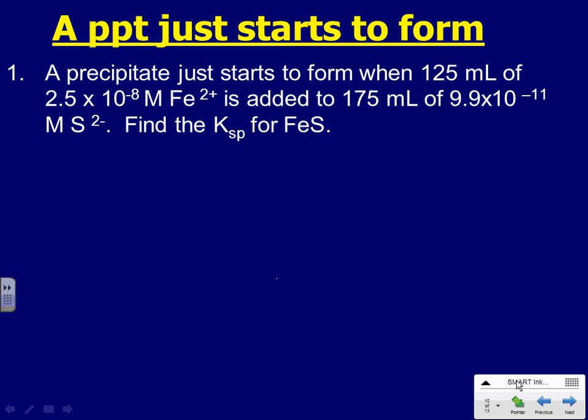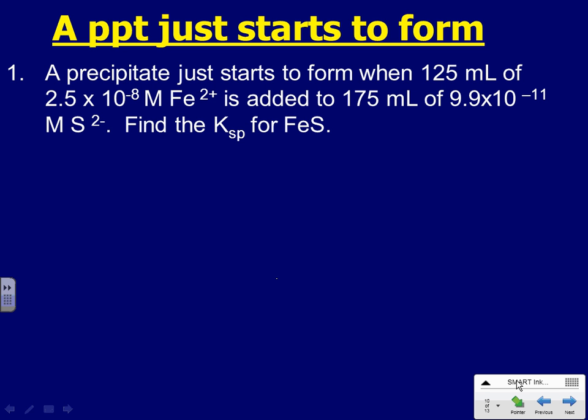We can use this technique of just forming a precipitate to determine concentrations of ions that are not known in other solutions. So we take a known solution and an unknown solution, and we slowly mix them until a precipitate just starts to form, and then we stop and we measure the volumes, and we ask the question then, what's the concentration of that unknown?